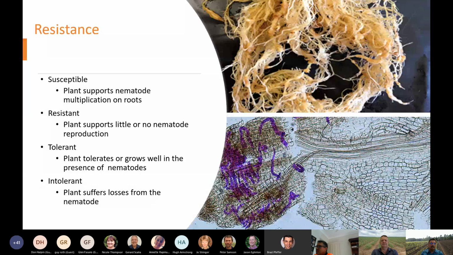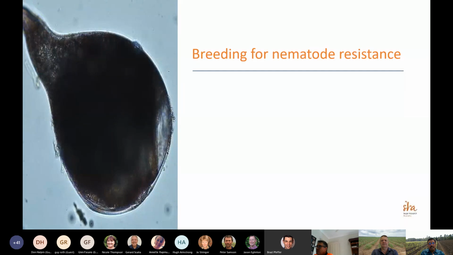Intolerant means the plant can suffer even from a small attack of nematodes. As I mentioned, breeding for nematode resistance is another way of controlling nematodes that we are exploring. But the problem is that we don't have any nematode resistant variety in Australia, or we can say nematode resistant parents.